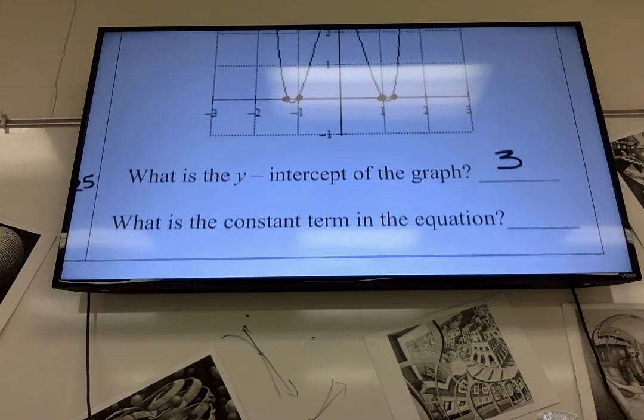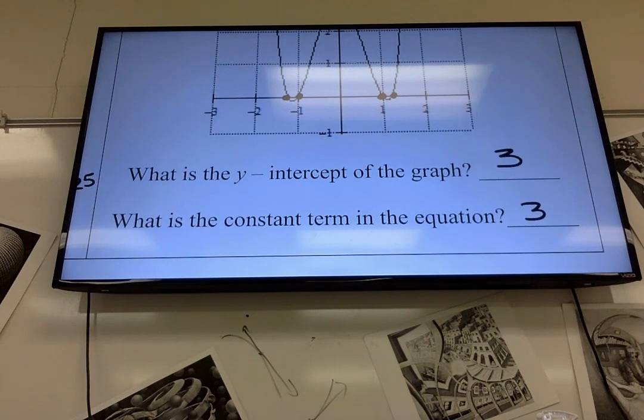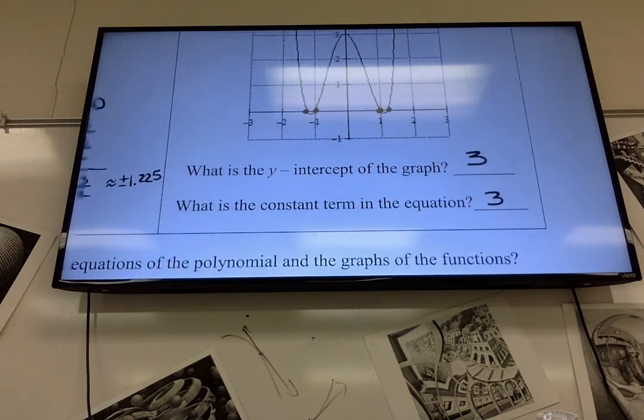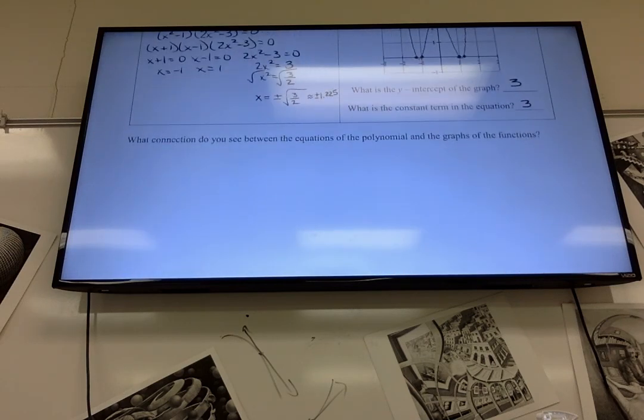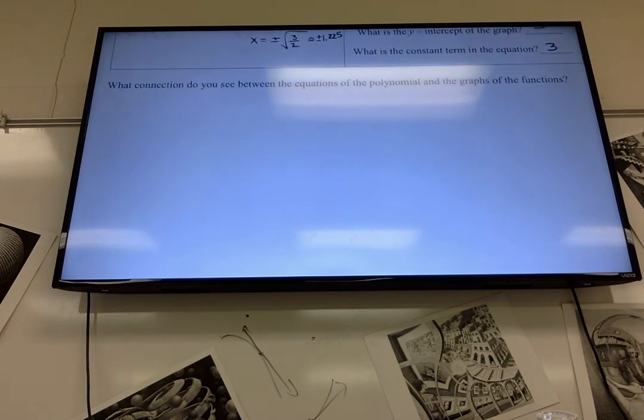And again, the constant of the equation is 3. So the connections that it's talking about down here, we have been talking about throughout the whole thing. But we're going to write these down so that we have them. Plus, there's going to be a few more that you may or may not have seen.